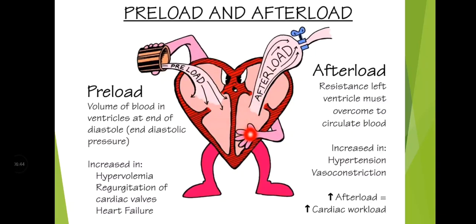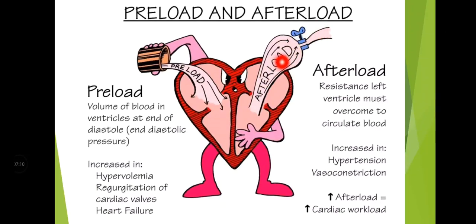So the ventricles must work hard enough. It must increase its cardiac workload, and because of that, there's an effect on how much effective volume will come out of the ventricles as they contract.